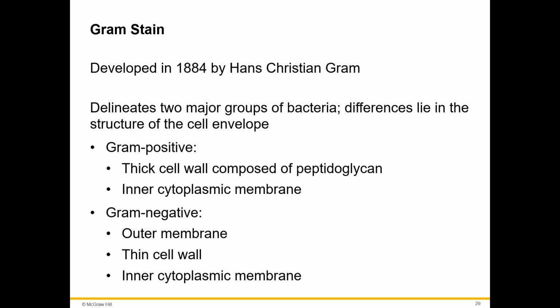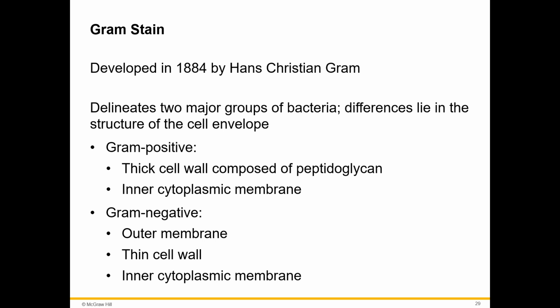Now there's resistance that develops, and that's a whole separate topic, but fundamentally some antibiotics are designed to target specifically gram-positives or specifically gram-negatives, or some work better in gram-positives than gram-negatives and vice versa.